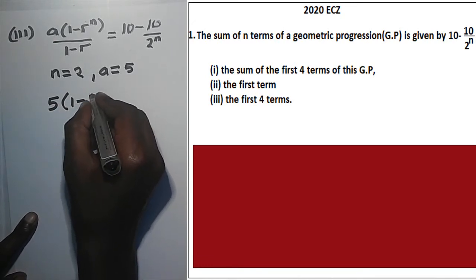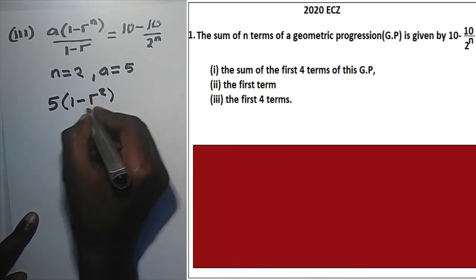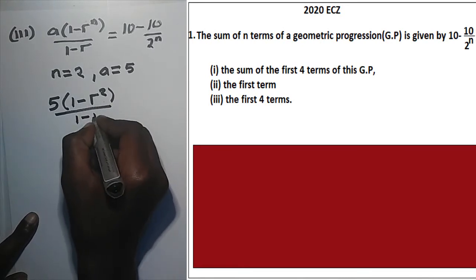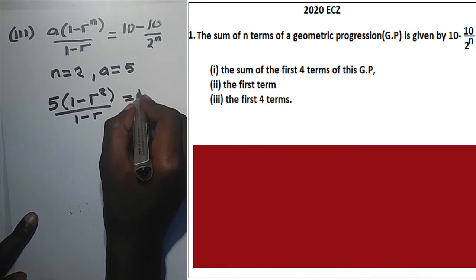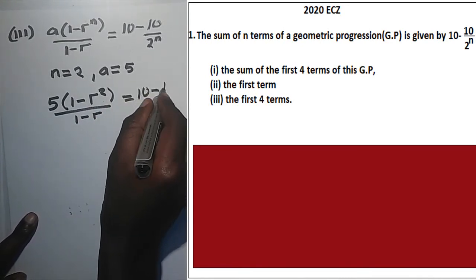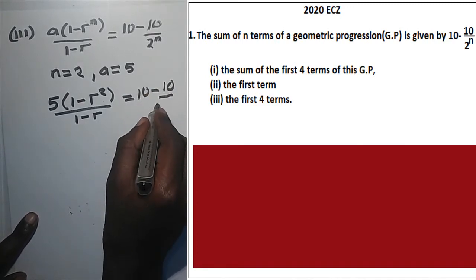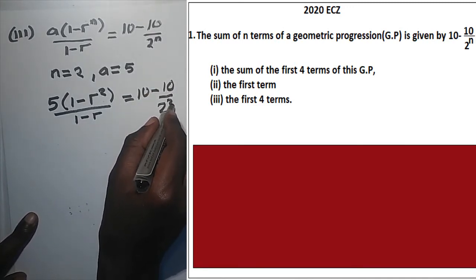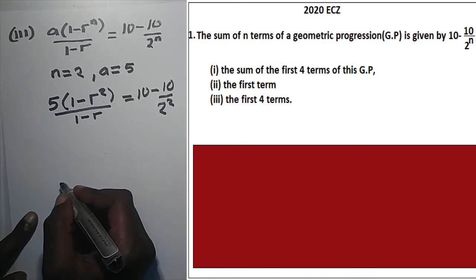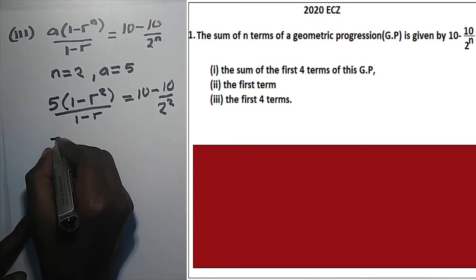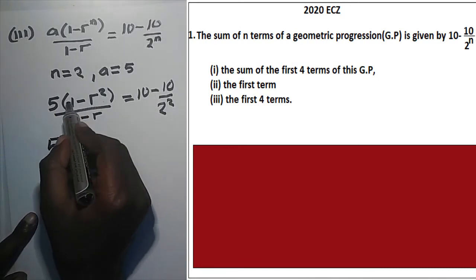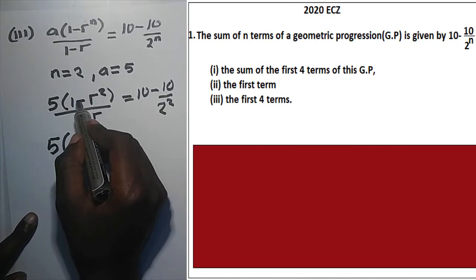5 times (1 minus r to the power 2) all over 1 minus r is equal to 10 minus 10 over 2 to the power 2. Okay, n is 2. At this stage now, we are going to factorize here on top. This is the difference of two squares.